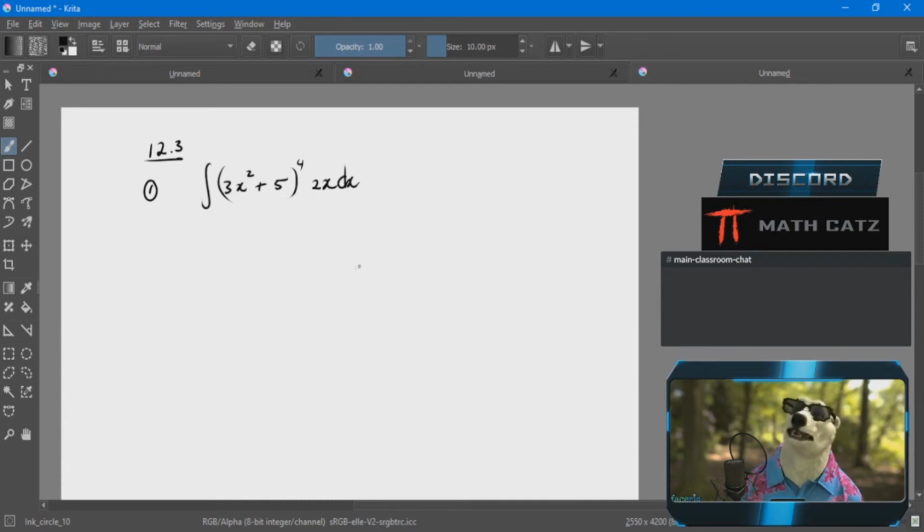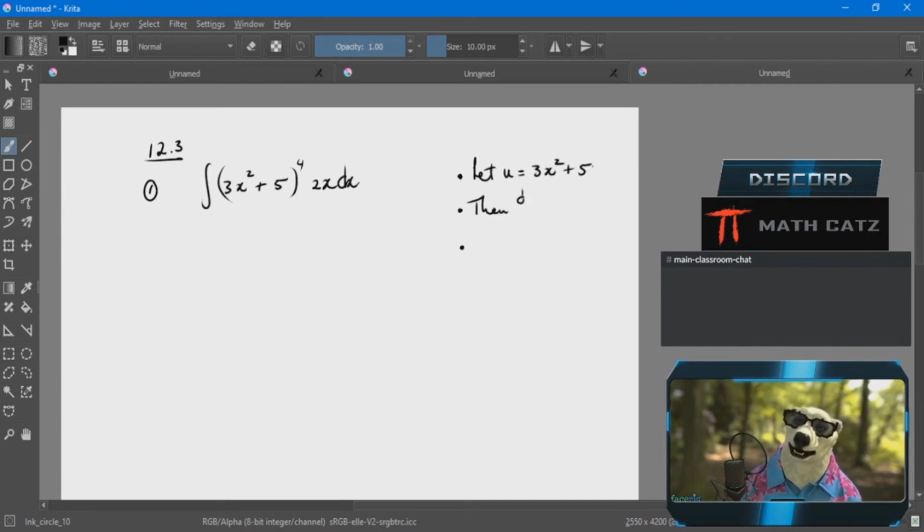So with enough practice, you start to see, what do I watch out for? What's my thought process here? If I see a function of a function, it's substitution. Let u be my inside function, which is obviously 3x squared plus 5.